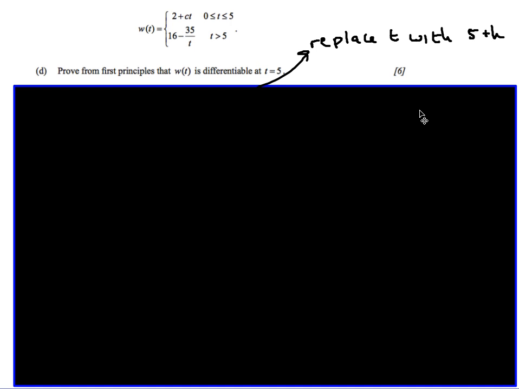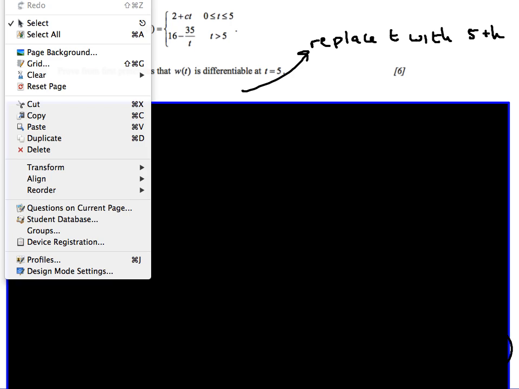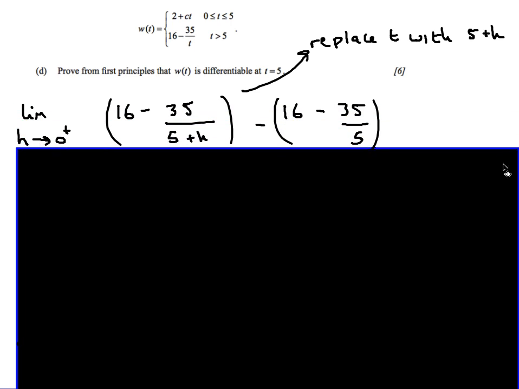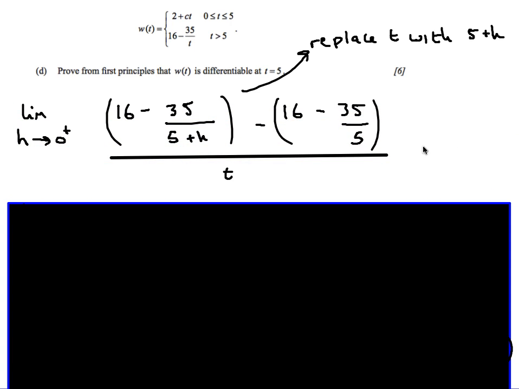I use the same idea to look at this second function. So again, I'm going to try and differentiate this function from first principles at the point for t is equal to 5 and see what happens. So this is my first part of the equation.